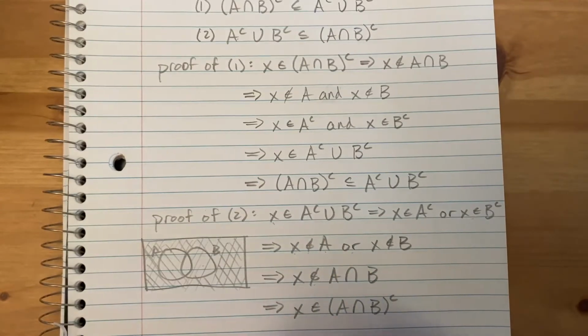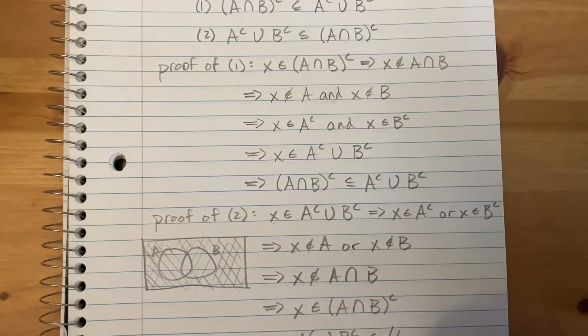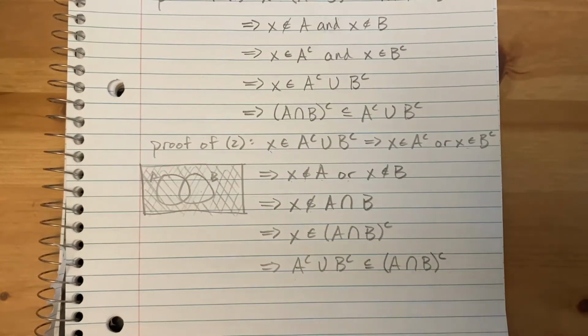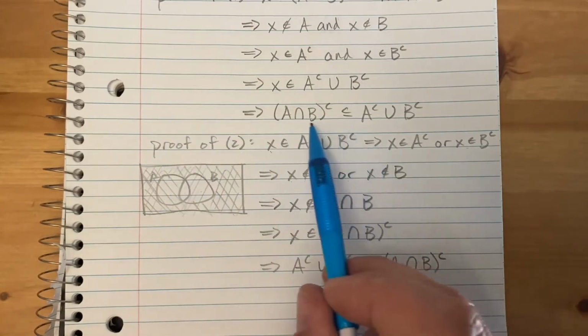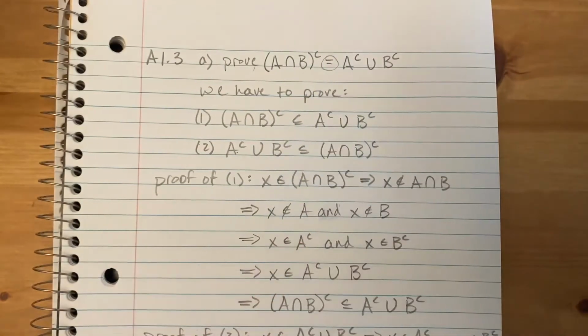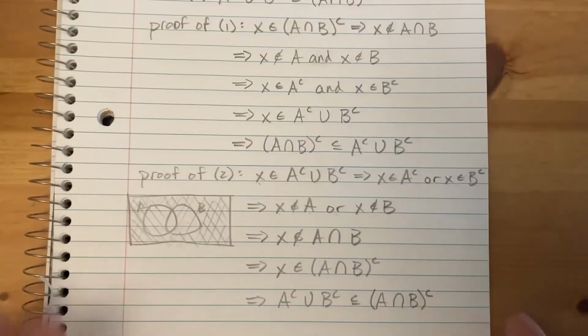So we have proven that A complement union B complement is a subset of A intersect B complement. All right, so there we go. We've proven it in both directions. We've proved that each of these is a subset of one another, and so they are equal. There you go. That's the proof for part A.